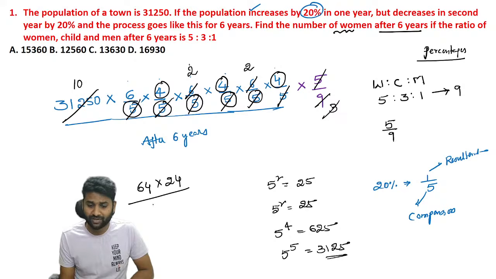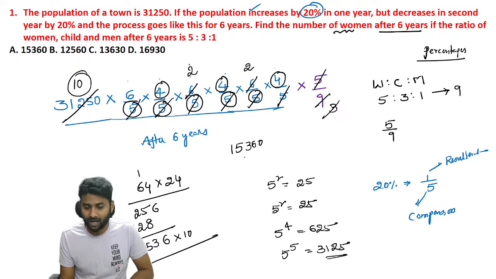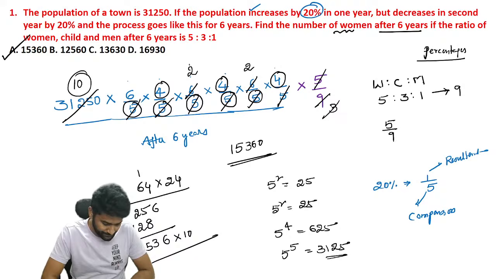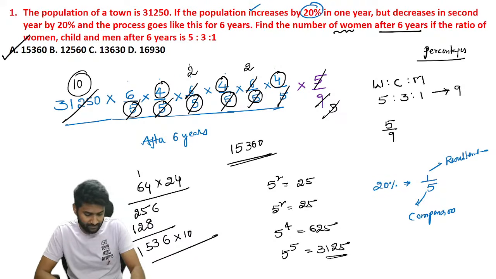So the final simplification here: 4 into 4 is 16, 6 into 4 is 24, 256. Again 2 into 4 is 8, 6 into 2 is 12. Final simplification 6, 3, 5, 1. And we have 10 also. If you multiply it with 10, then the total number of women after 6 years is 15,360. Hope it's clear. Please let me know in the comments.